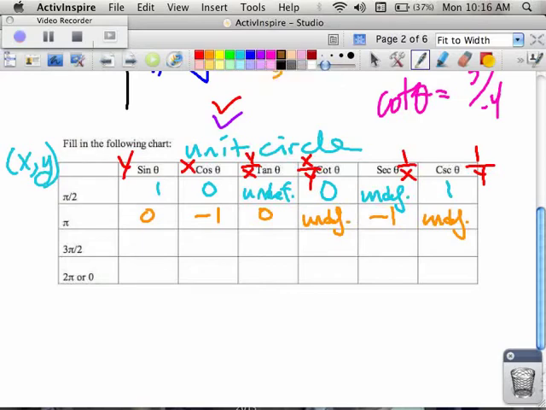Next, let's look at 3 pi over 2. The coordinates are 0 for the x and -1 for the y. Y divided by x, undefined. X divided by y, 0. 1 divided by 0, undefined. And 1 divided by -1, -1.